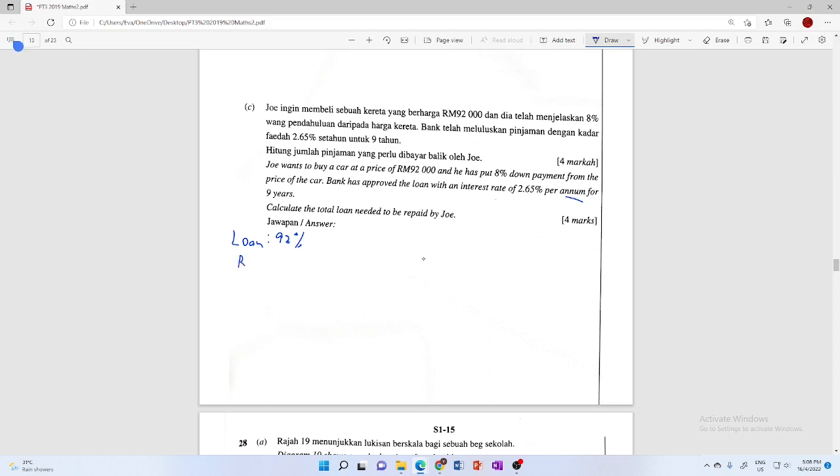We need to calculate. So 92,000, and the loan is 92%. 92% of 92,000, you can calculate using your calculator. That is 84,640. So he borrowed 84,640, and the interest rate, so we need to calculate the interest.